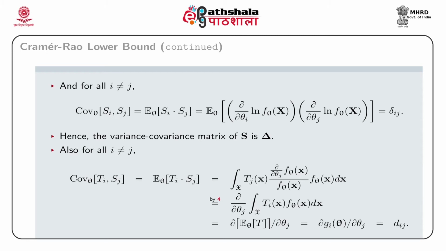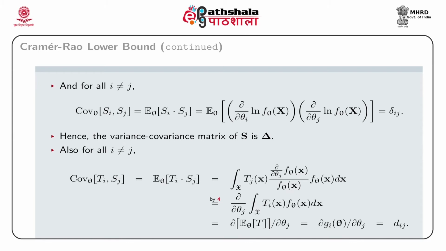This is because the expectation of Si equals 0 for all i, which is equal to the integral of Ti(x) into 1 by f_θ(x) into ∂/∂θj f_θ(x) into f_θ(x) dx, which is equal to ∂/∂θj ∫ Ti(x) f_θ(x) dx after interchanging the differential and the integral sign, which is equal to ∂/∂θj of the expectation of Ti(X).